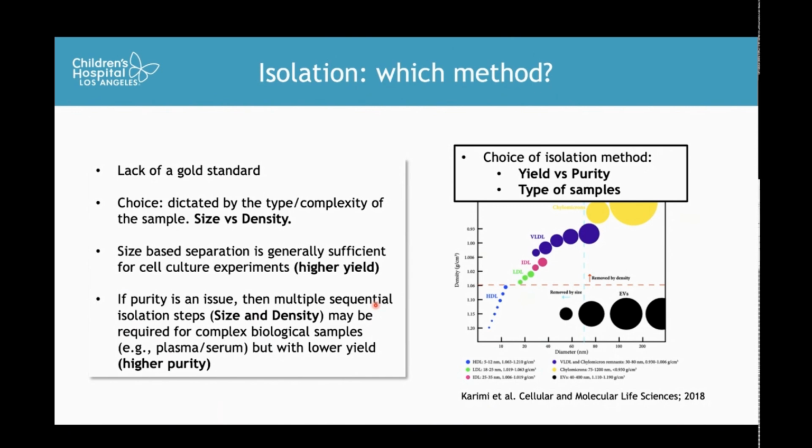Generally, we need to take into account two different parameters: size, as you know by now, which is one of the main characteristics of extracellular vesicles, and also density. The reason is that EVs have been shown to have a very specific density of around 1.15 grams per ml.